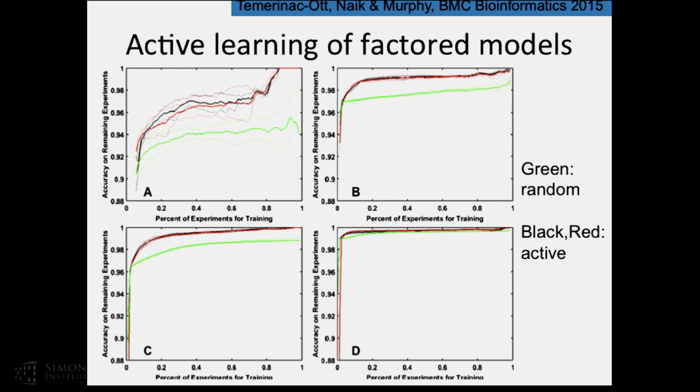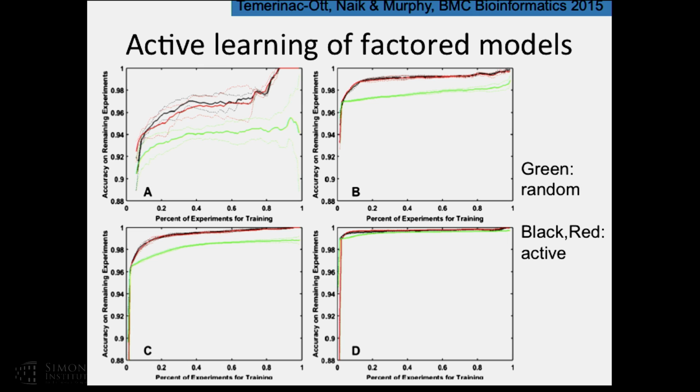Now, here's the first result. We took a look at these data sets, and we did pretty standard uncertainty-based active learning, starting from nothing and building a model that I'll talk to you about in a minute. Actually, I'm sorry, this was done with a basic matrix factorization method, but then with uncertainty sampling under that.